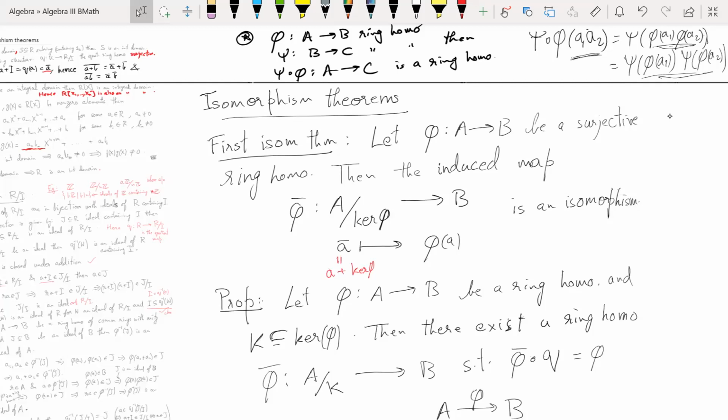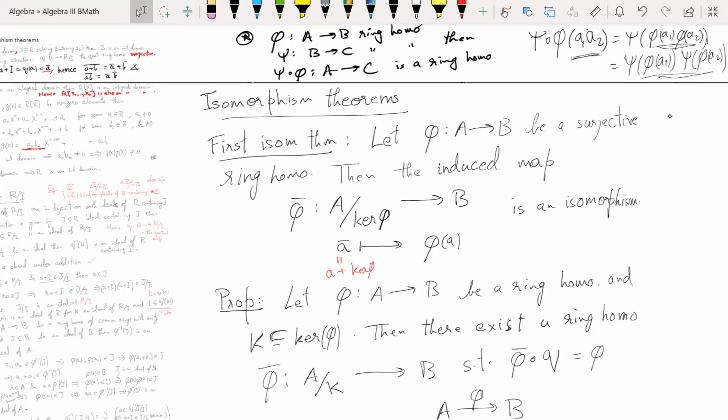There are a couple of things about this theorem. First of all, it's not clear that this is a ring homomorphism. You can say there exists a ring homomorphism with some property, or you can explicitly describe this ring homomorphism, but one will have to say that this is a well-defined map.